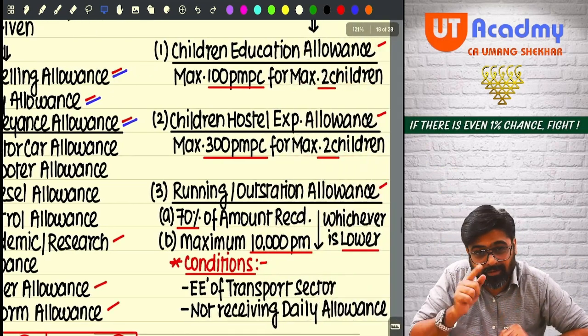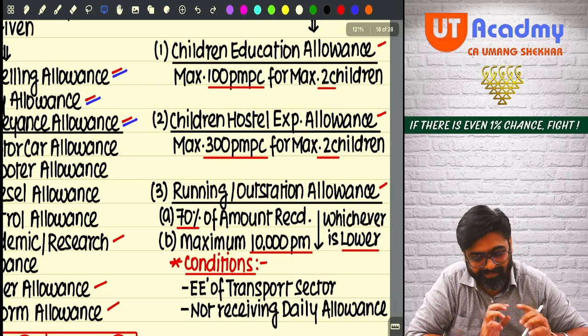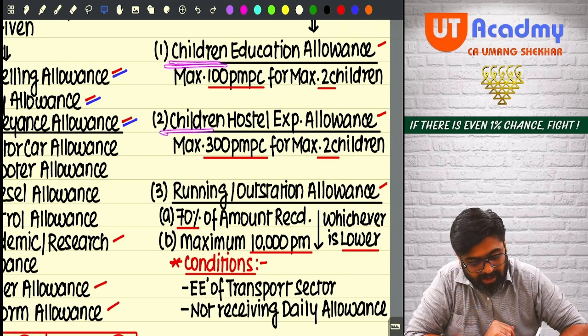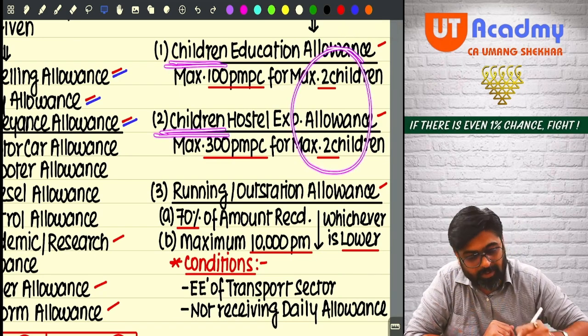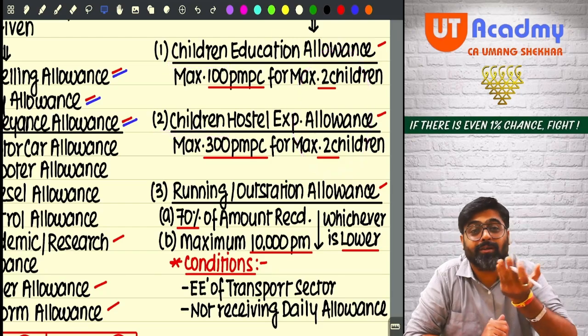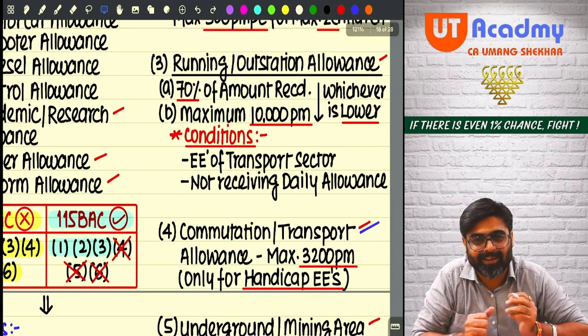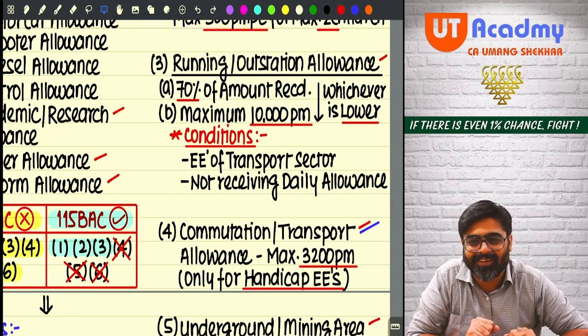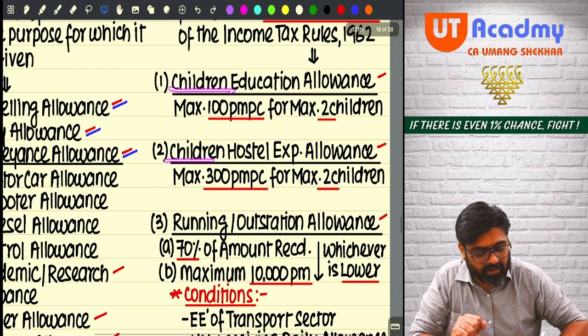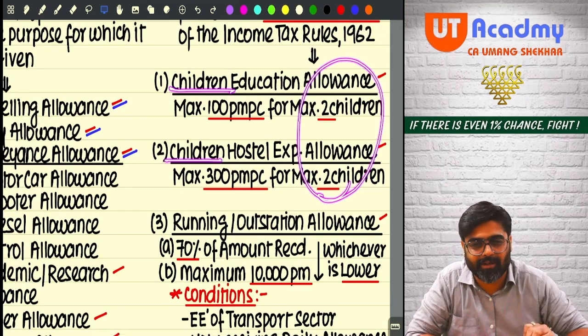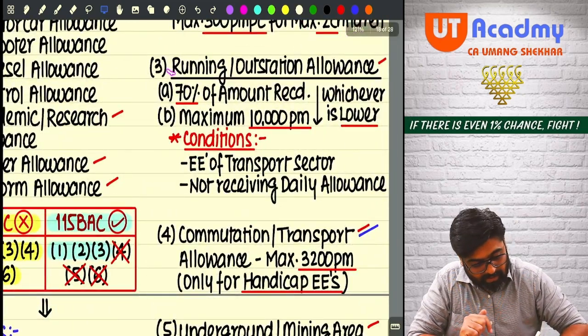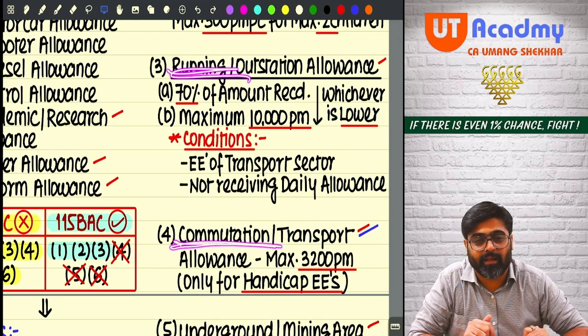Now, the other six names. Children, two children. What do children do? Sir, running. Children always run, no? So, children, two children, running and commuting.